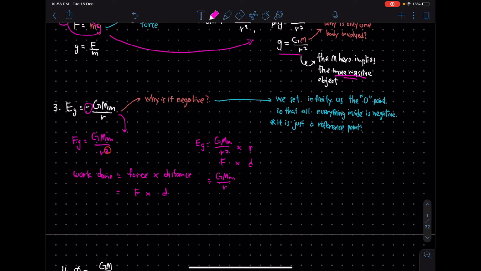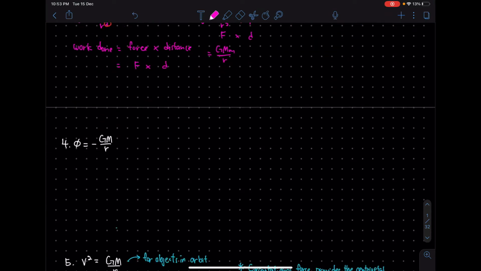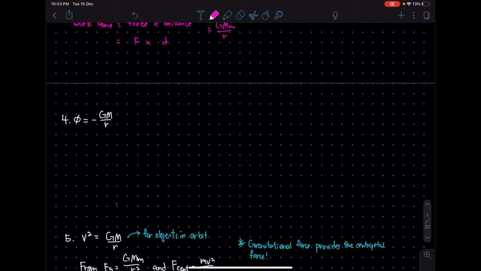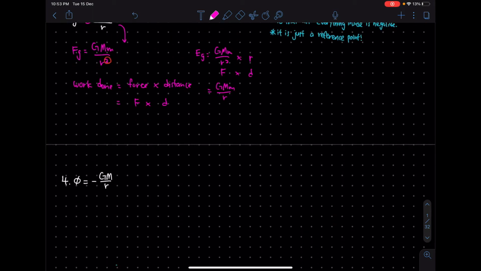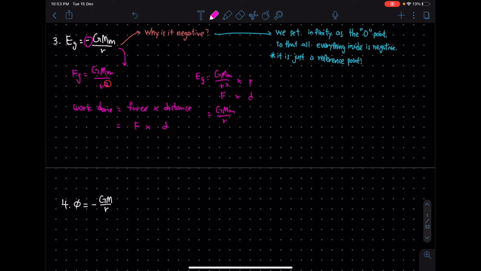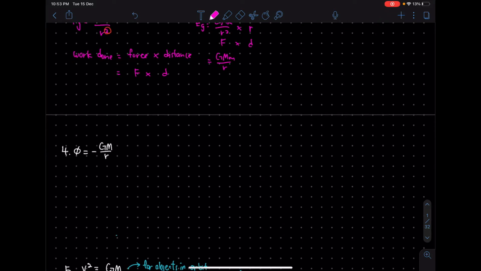So basically everything that's within infinity would be negative. Alright, so the next one we'll talk about is gravitational potential. Well, gravitational potential is actually very similar to gravitational potential energy.